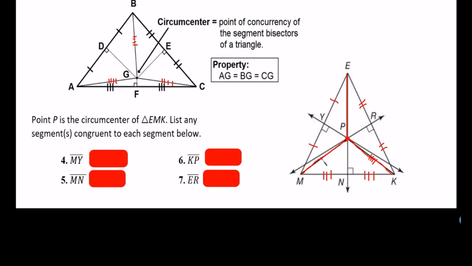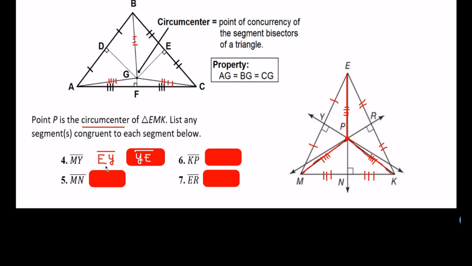Those are the properties that I know because this is talking about the circumcenter. With that being said, when I look for MY, which segment is congruent to MY? Well, EY. So I can say that is going to be EY.